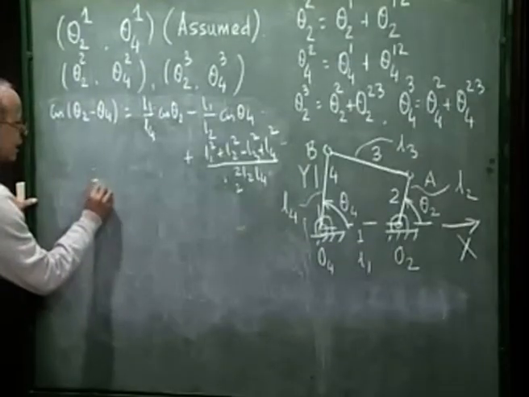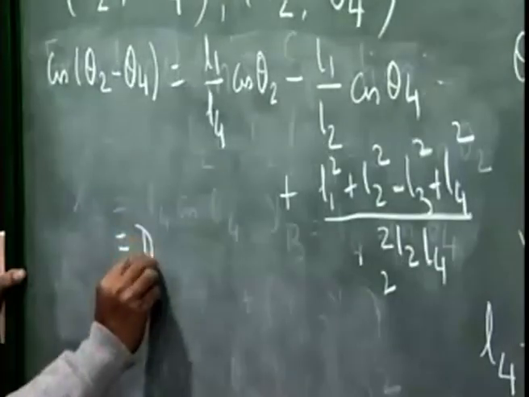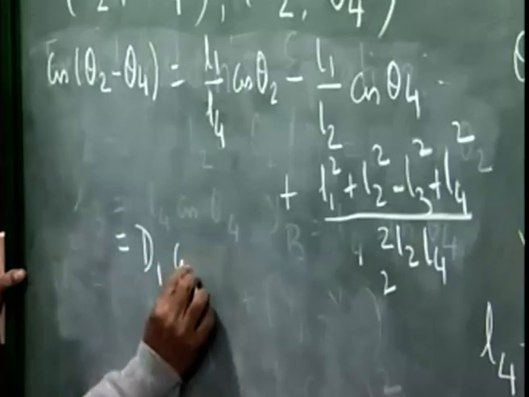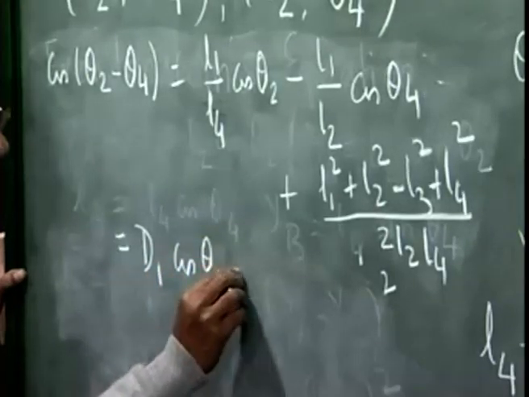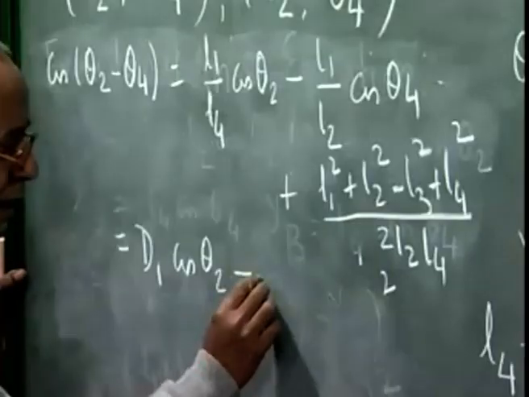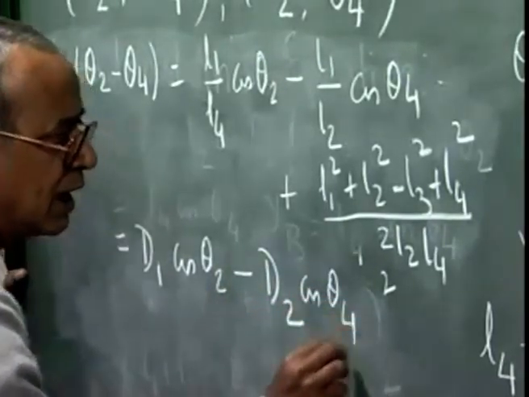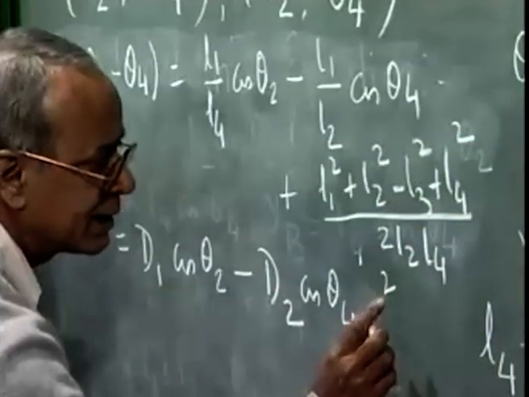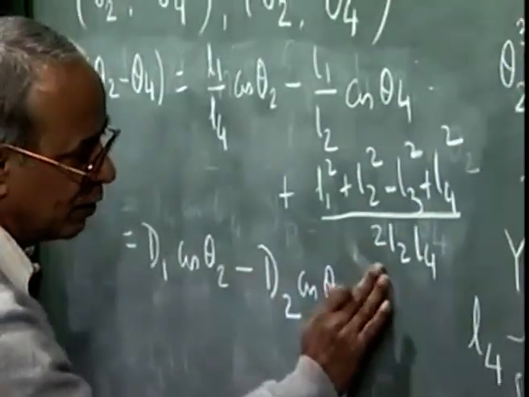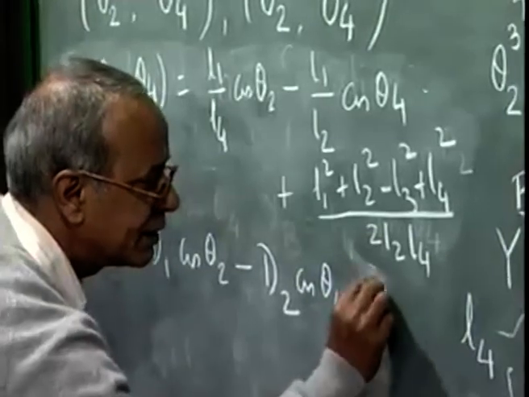We write L1 by L4 as a design parameter d1 cosine theta 2, L1 by L2 another design parameter d2 cosine theta 4, and this quantity we write as another design parameter which is d3.